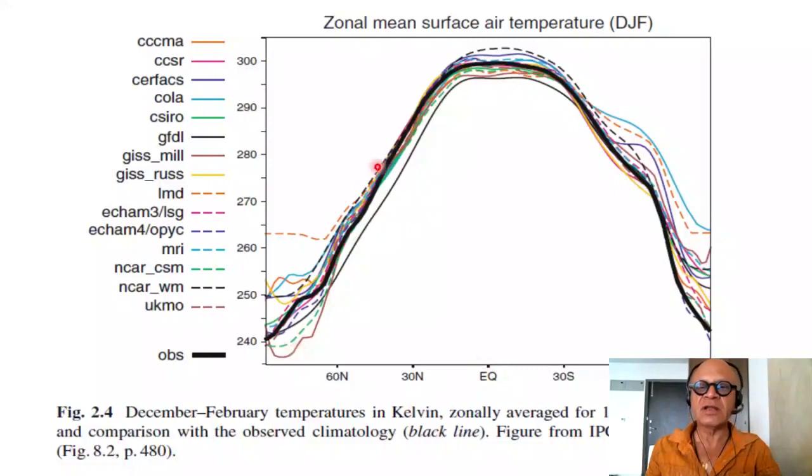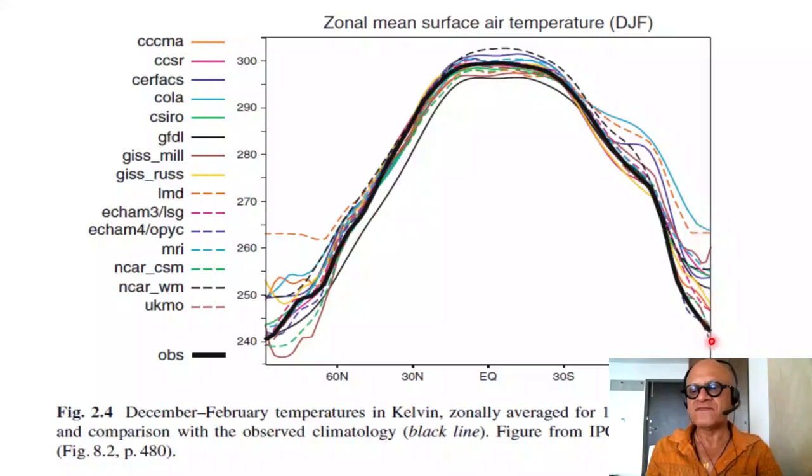Nonetheless, you can see that most models are doing reasonably well, but there is a large uncertainty here because of the Southern Ocean being such a special place and models not doing so well, and the disagreement between models themselves and from the observation is seriously large here.